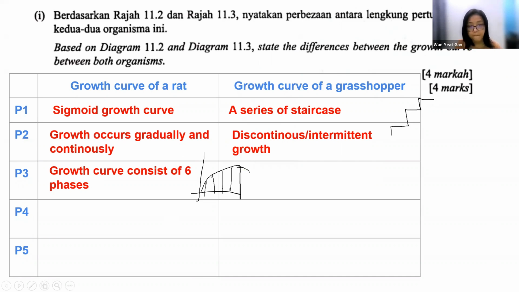Okay, and finally, of course, death. So it's a sigmoid curve which consists of 6 phases, whereas the growth curve of a grasshopper consists of 5 instar phases and 1 adult.